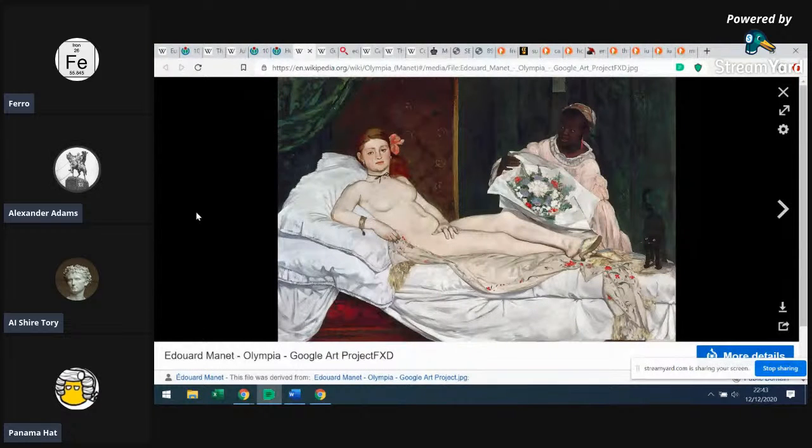And this was seen as being cheap and provocative because it was displaying women in a way that was not respectful. There's an interesting point around the line between sensualness and eroticism and beyond.